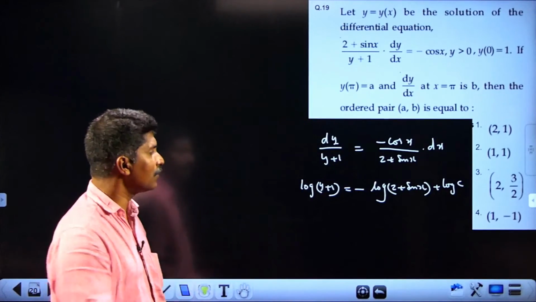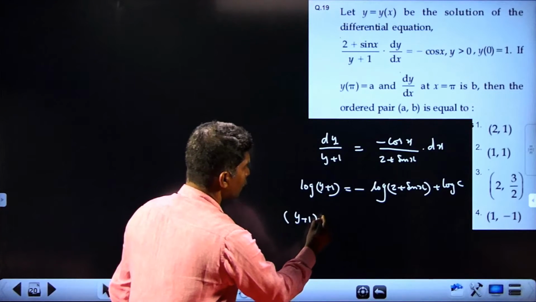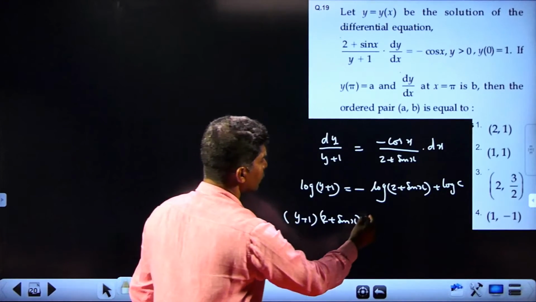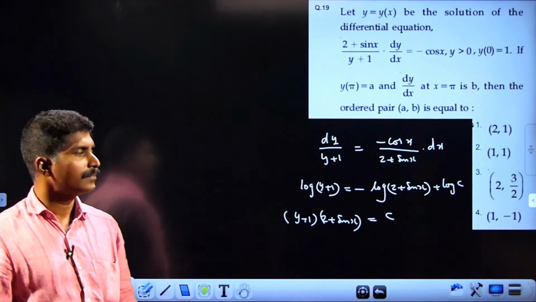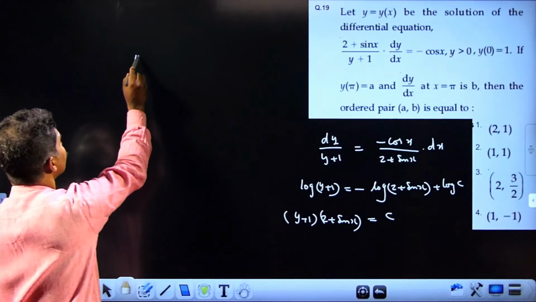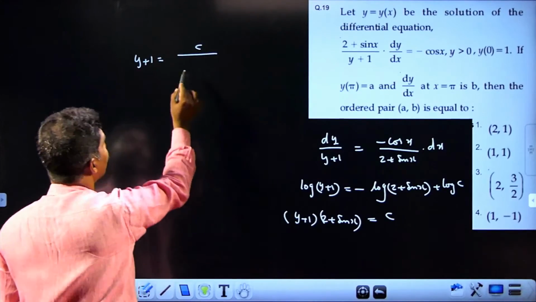Take all the terms left side, you will be getting y plus 1 into 2 plus sin x is equal to c. Log is getting cancelled. Or we can say that y plus 1 is equal to c divided by 2 plus sin x.